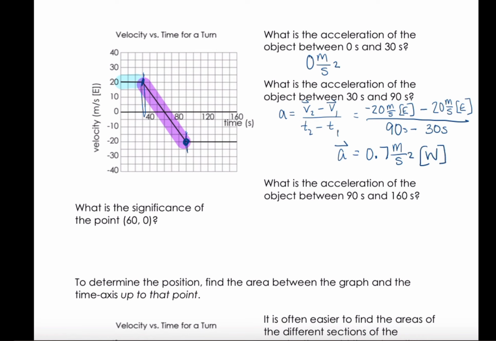If you put negative 0.7 meters per second squared east, it's the same thing. I just switched it so that it made a bit more sense.